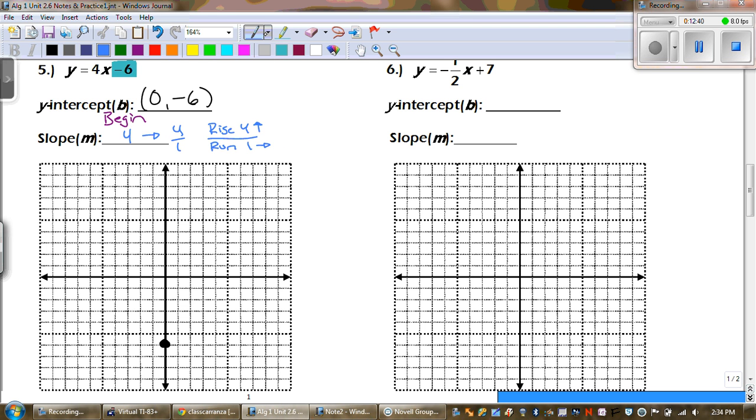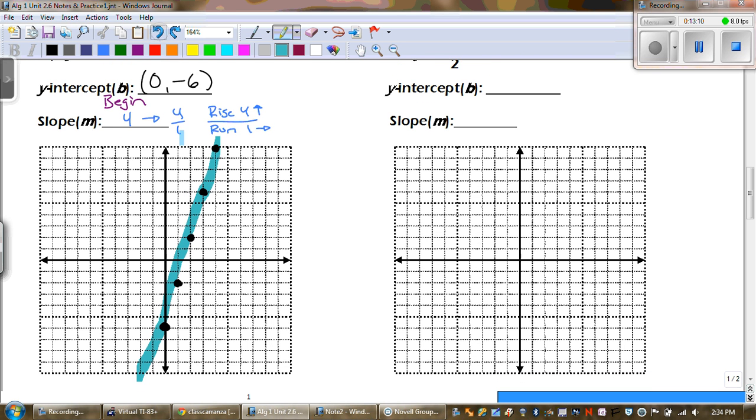All right, so let's do this. Here's my starting point. I need to go 1, 2, 3, 4, and over 1. 1, 2, 3, 4, and over 1. And every time I go up, I need to go to the right and plot my point. Okay? And now see how we've got this nice pretty line, but our pretty line keeps going over here.